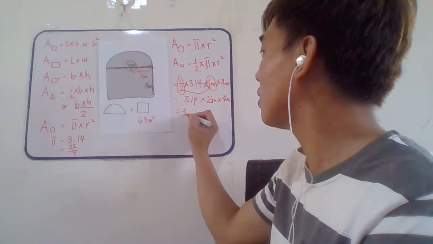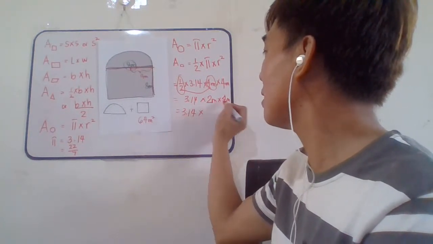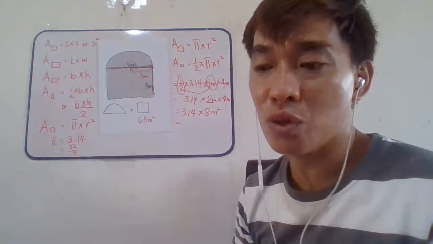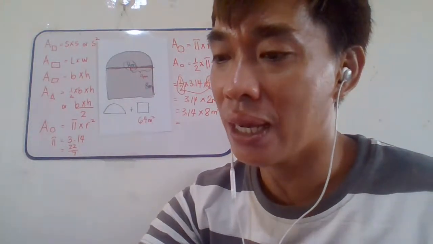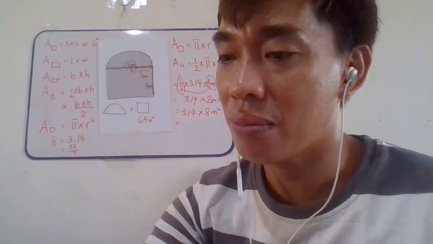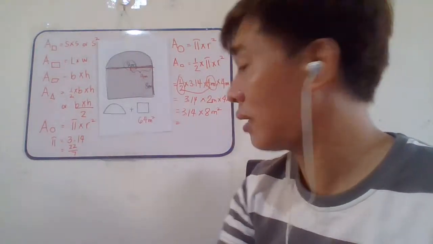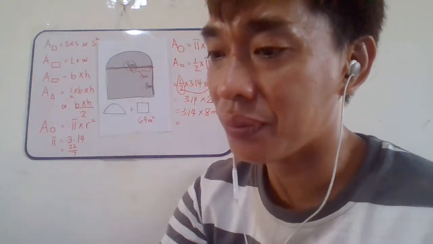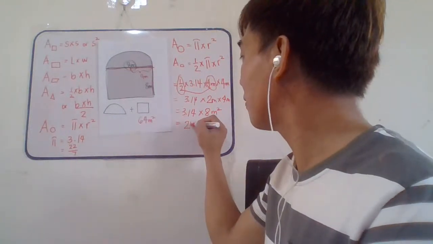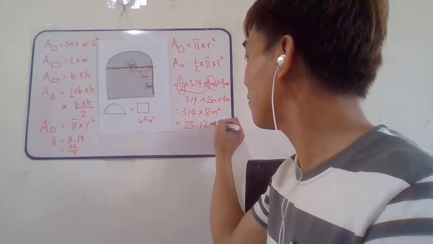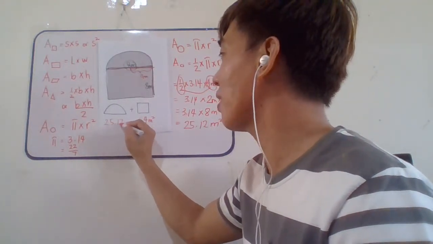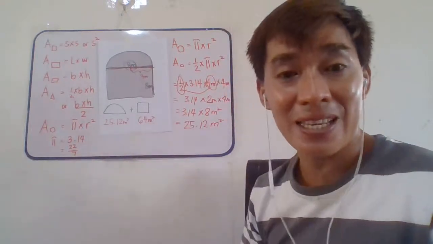So that is equal to 3.14 times 8 meters squared. So all you have to do is just multiply 3.14 by 8 meters. That will give us 25.12 meters squared. That's the semicircle.